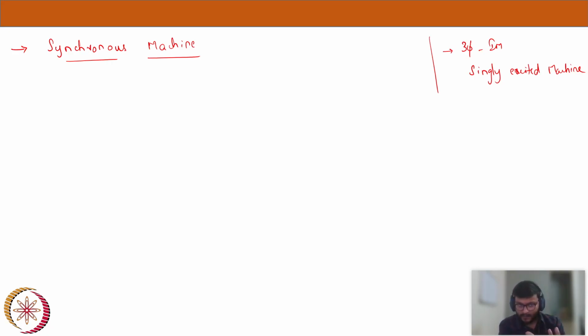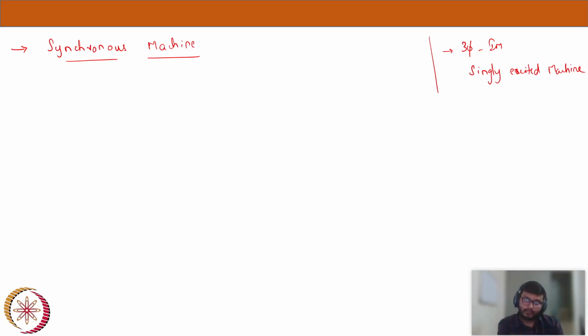That is XM, which we are talking about, the parallel branch XM. The current passing through XM is IM, which we call the magnetizing current, that is needed to set up the flux. My induction machine will draw it from the supply itself, and then the motor will run subsequently. So that's the concept we have discussed.